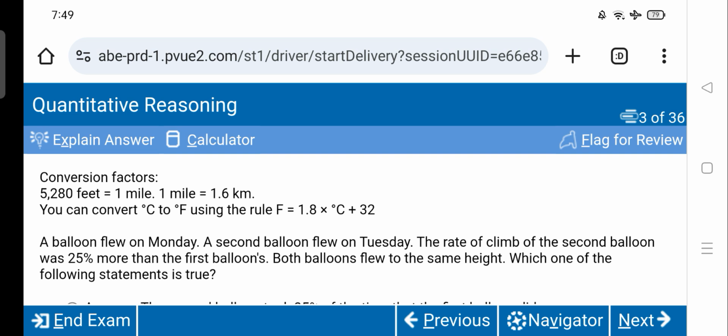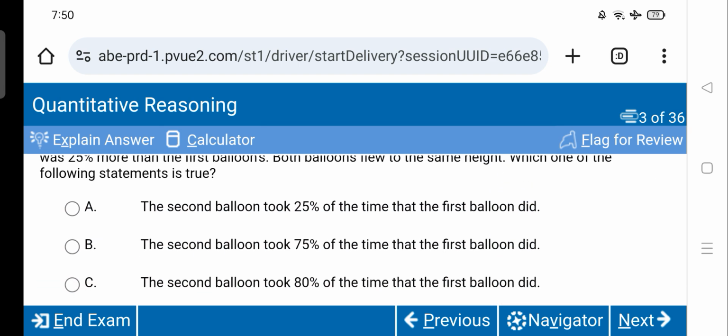The rate of climb of the second balloon was 25% more than the first balloon's. Both balloons flew to the same height. Which one of the following statements is true?